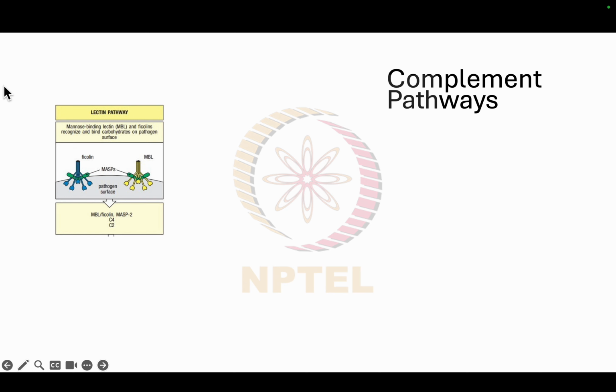There are different mannose binding lectins. They can recognize mannose or glucose. There are different viruses and pathogens which have glycosylated proteins, so in their case glucose or mannose residues are exposed. Those lectin proteins have affinity towards glucose or mannose, so they bind to it and recognize those antigens.